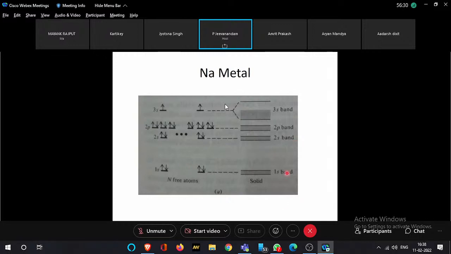Anyway, the summary of this slide is, you talk about a band when you are talking about a bulk solid. When you are talking about free atoms, you talk about atomic energy levels: 1s, 2s, 2p, 3s. Now what will happen to the energies of these atomic orbitals when you go from free atoms to the bulk?